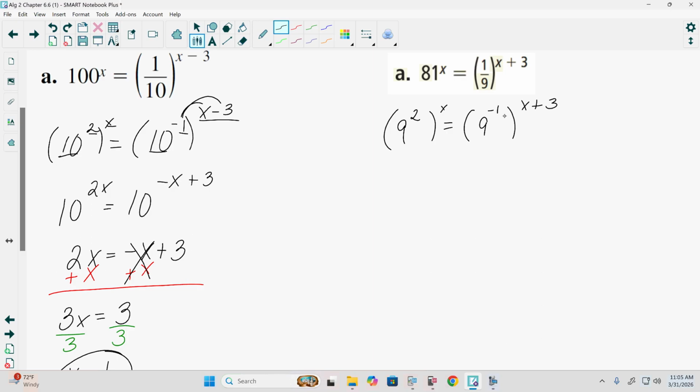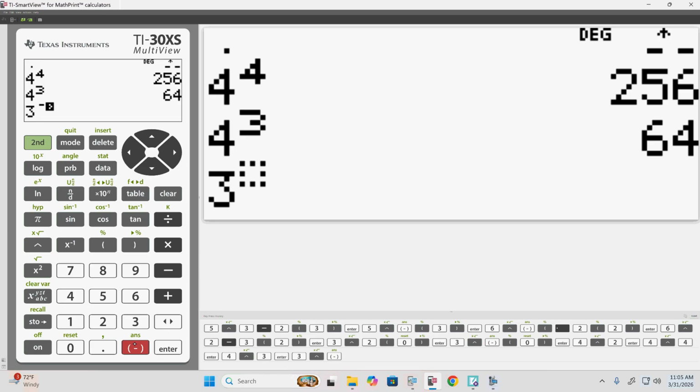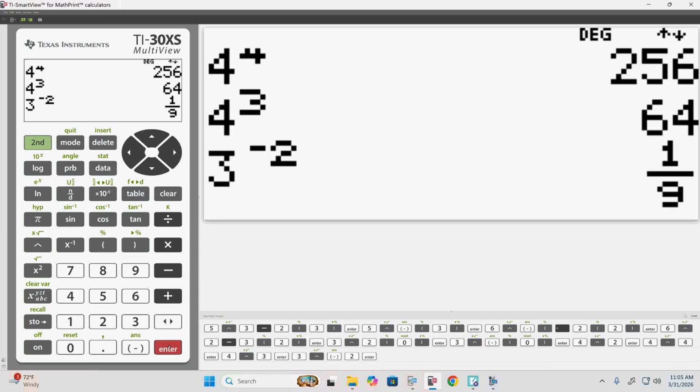Interestingly enough, we don't have to, but we could have set both of the bases to be 3. Because 9 is 3 squared, 1/9 would actually be 3 to the negative second power. And 81 is actually 3 to the fourth.